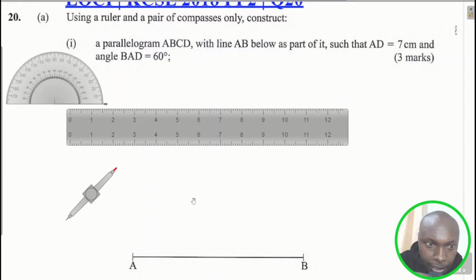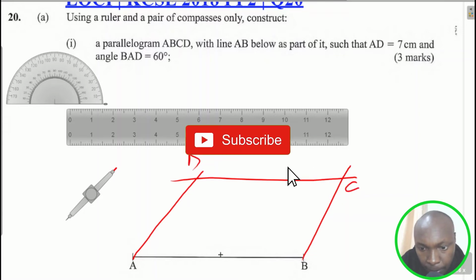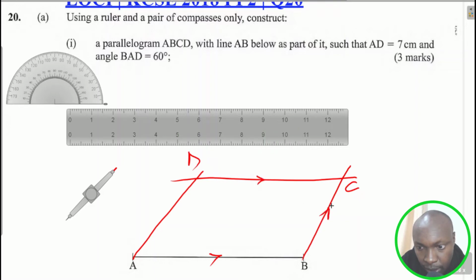So if I can sketch, just to sketch, if I complete this one, I'll have something like this, whereby I'll have C there and I'll have D there. So these are the pairs. This side should be parallel to this side, and the side that is here should be parallel and equal to this side.